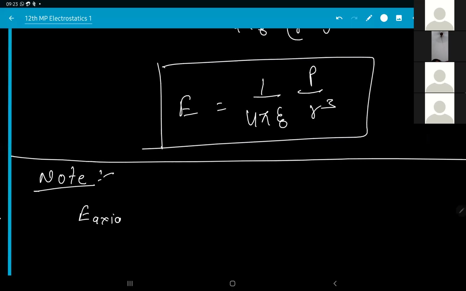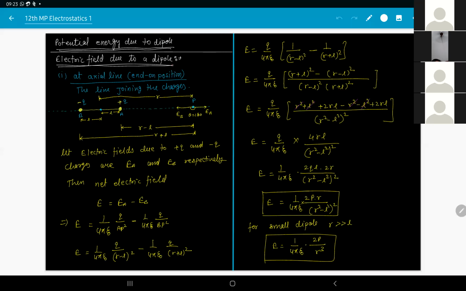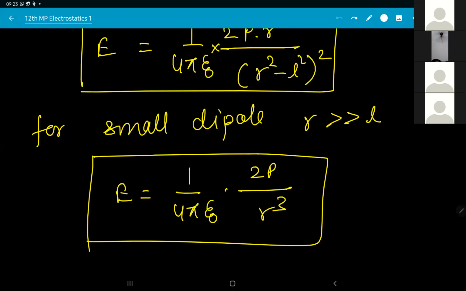E axial is always equal to 2 into E equatorial for the same distance and same dipole. Look at this formula. This 2 is extra in this. Otherwise, the formula is same as equatorial line.